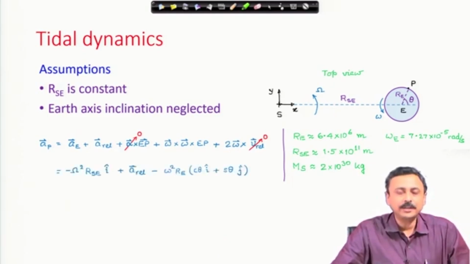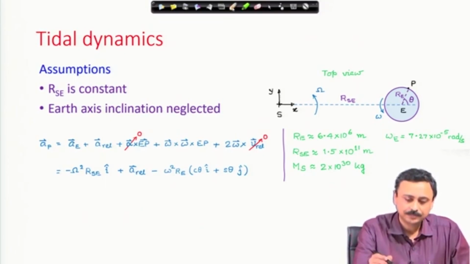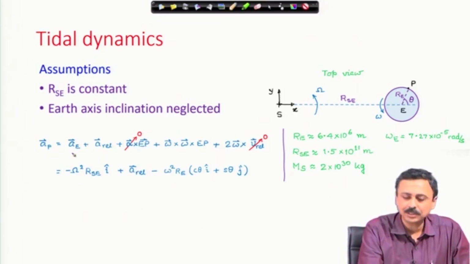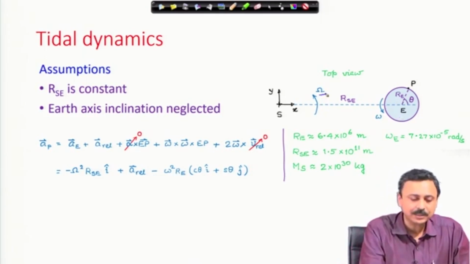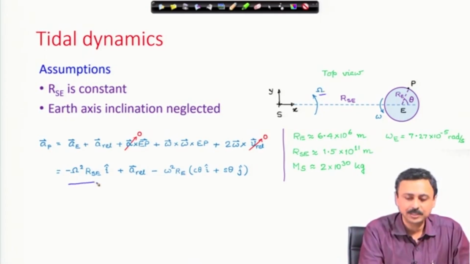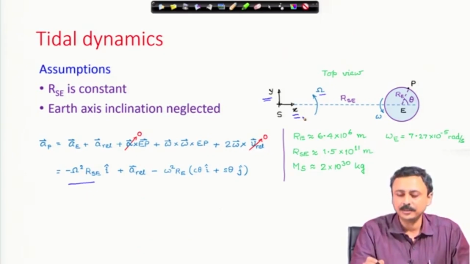Now, we put in the expressions. Acceleration of the earth, because of its rotation on a circular path around the sun at a constant angular rate capital omega, is nothing but the normal acceleration. We are using this coordinate system, this is y, this is x, which is centered at the sun.